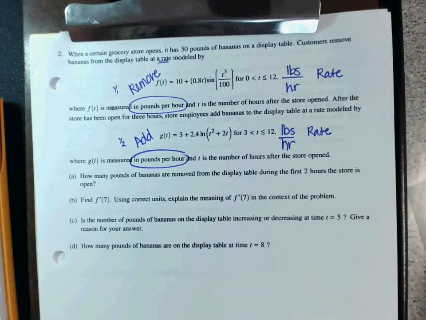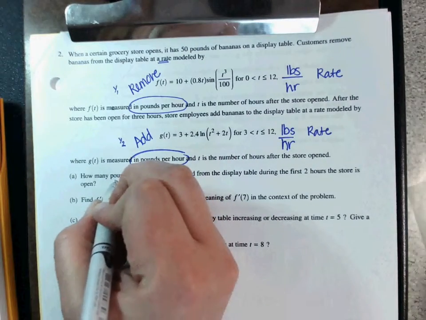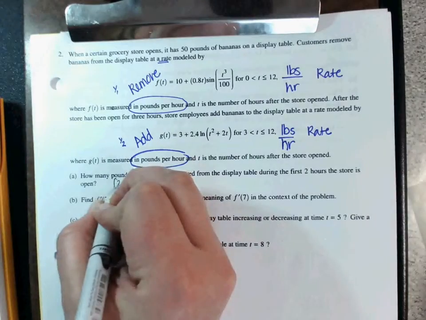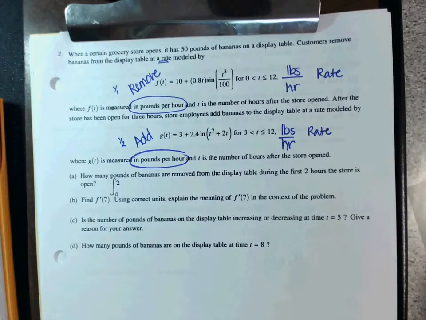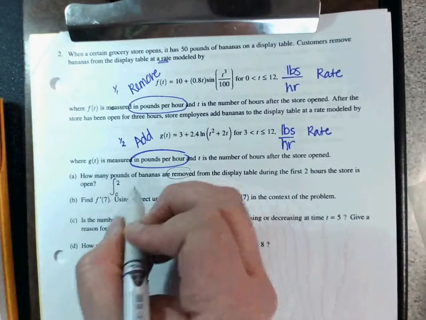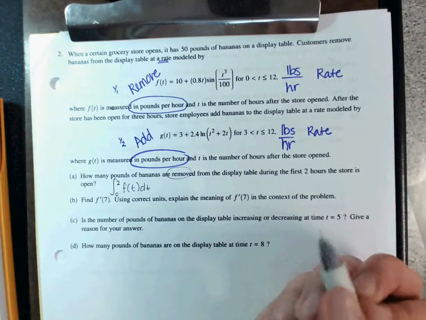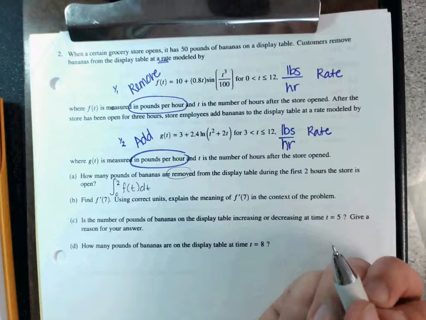Okay, so for part A, how many pounds of bananas are removed? What do I do with pounds per hour if I want pounds? Plug in, derivative or integral? Integral, yeah, for part A. And then you should have gone from 0 to 2. And then which function if I want to know how many were removed? F of t. Question, should I include the 50 that were already on the table?